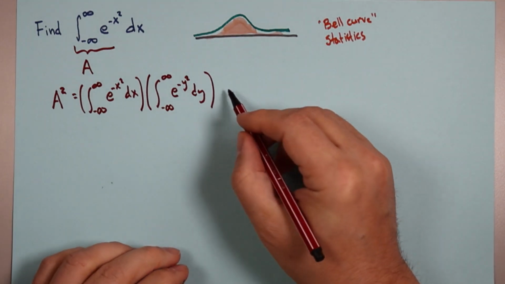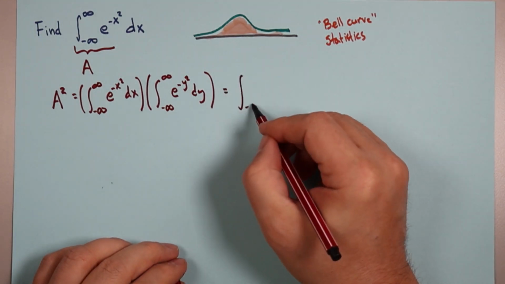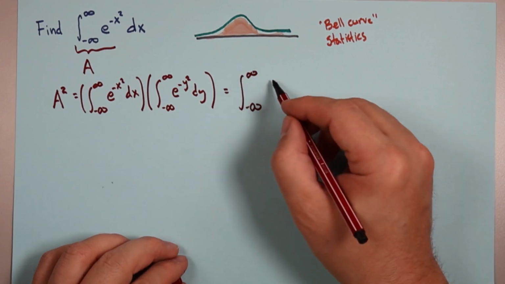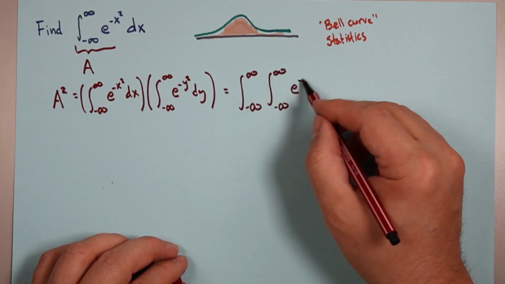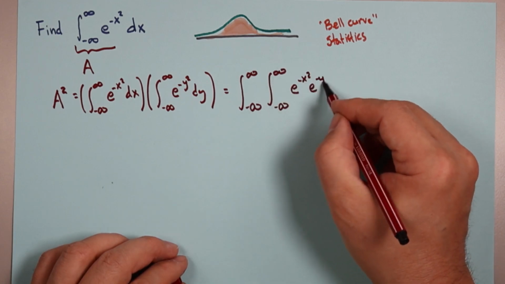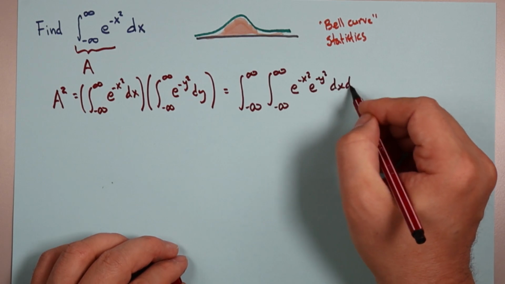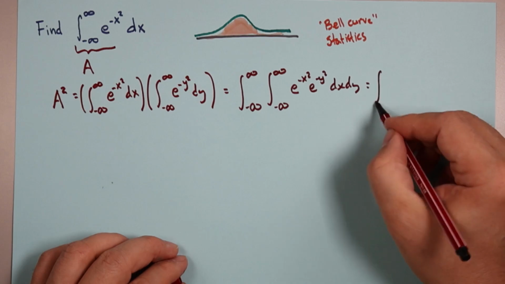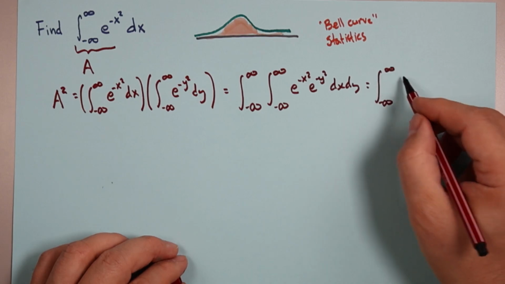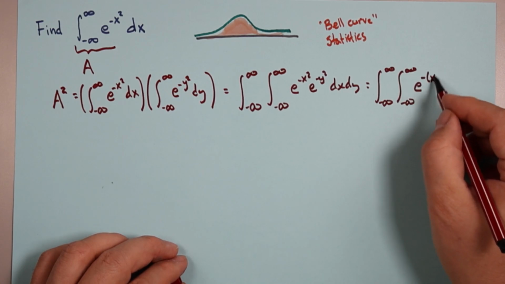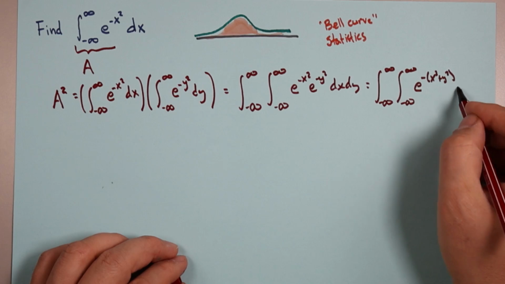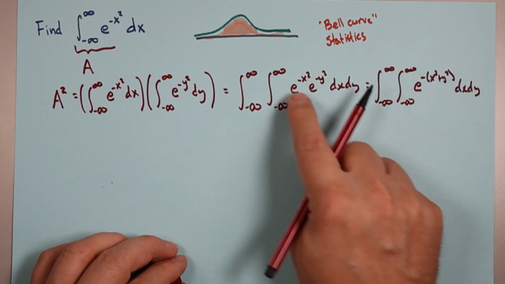So we say, oh, well, this is like the integral from negative infinity to positive infinity, integral negative infinity to positive infinity of e to the negative x squared, e to the negative y squared, dx dy. Or if you like, e to the negative x squared plus y squared, because we can just put those together.